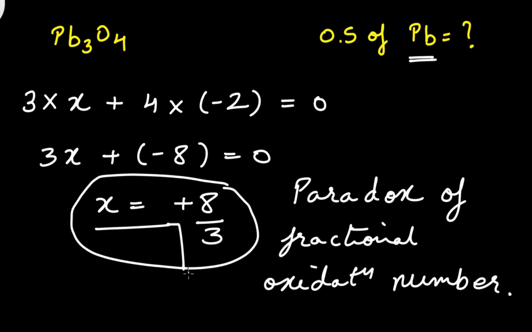Until now, we have calculated so many oxidation numbers, but none of them were fractional. This is the first one where we have found a fractional oxidation number. This is known as the paradox of fractional oxidation number, and we will discuss this topic in the next video clearly. This is not wrong, this is also right, but how this is right, we will discuss it in the next video.